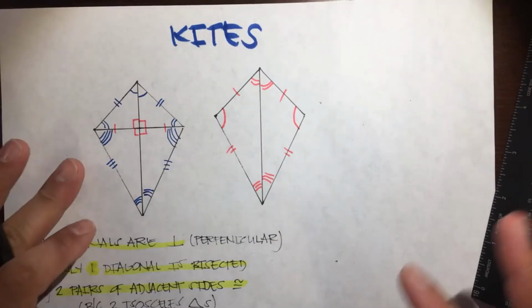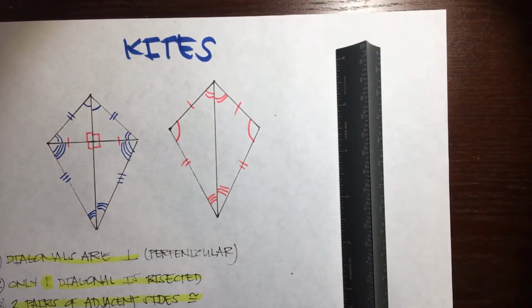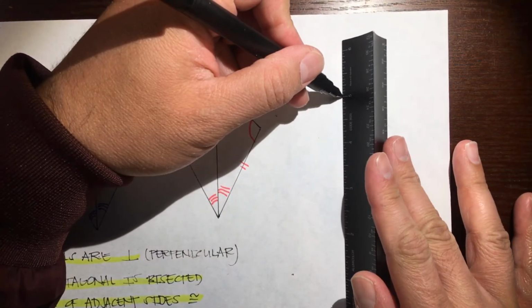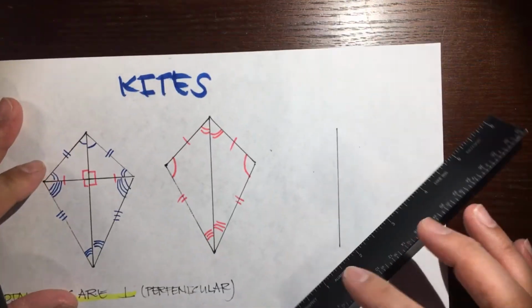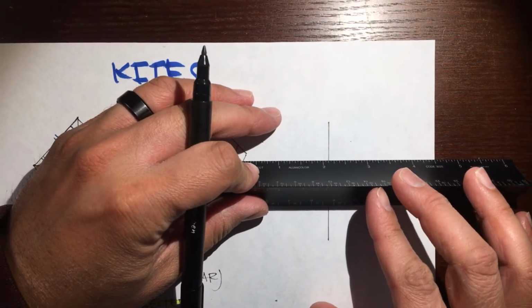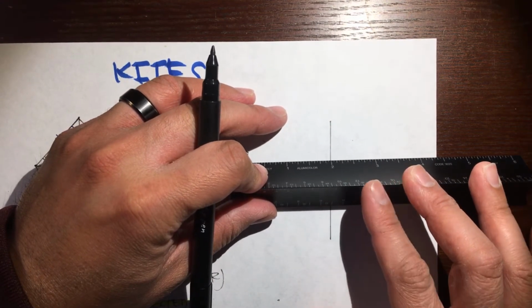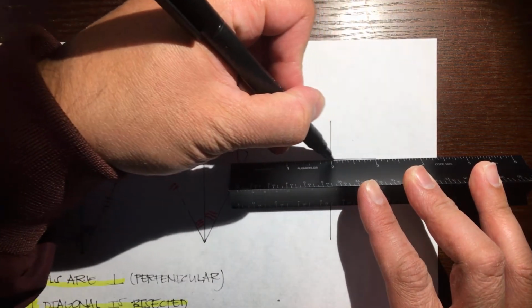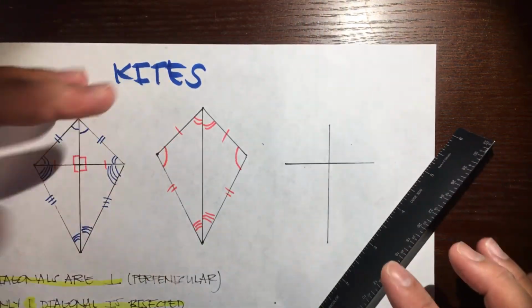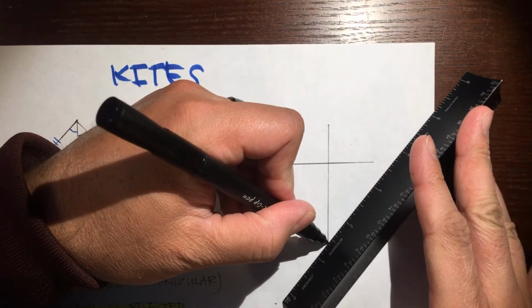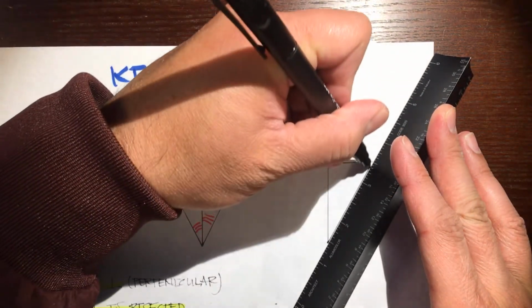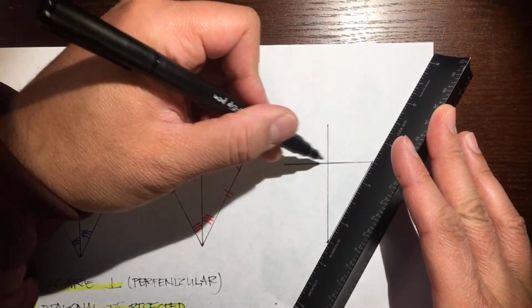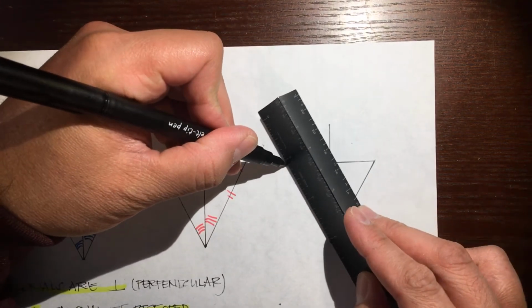So let's do an example. Let's draw a kite. Let's draw one more. So everyone draw a vertical diagonal, and then go 1 inch over here and 1 inch over here, or you could go as long as you want or as short as you want, and then just make sure that this half is congruent to this half right here.